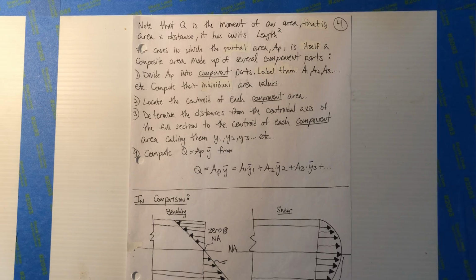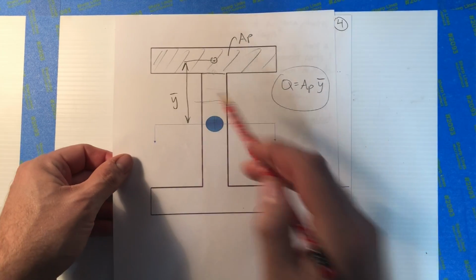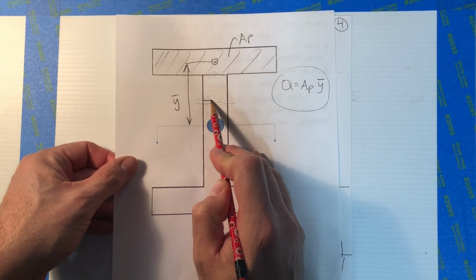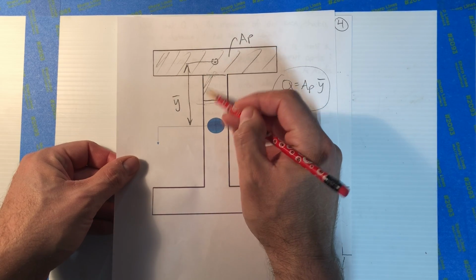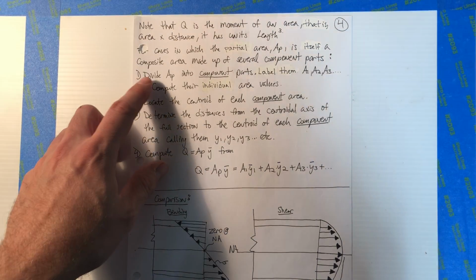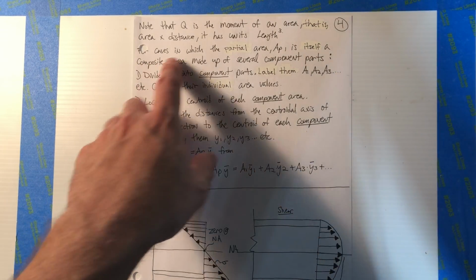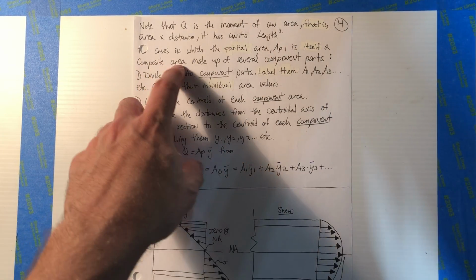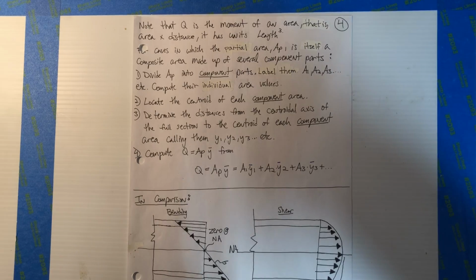If you wanted to find the shear stress here, there's one area, but if you wanted to find the shear stress here, you have this whole area plus this whole area. So now you've got a composite area problem. If A_P itself is now a composite area made up of several component parts, this is what you should do.